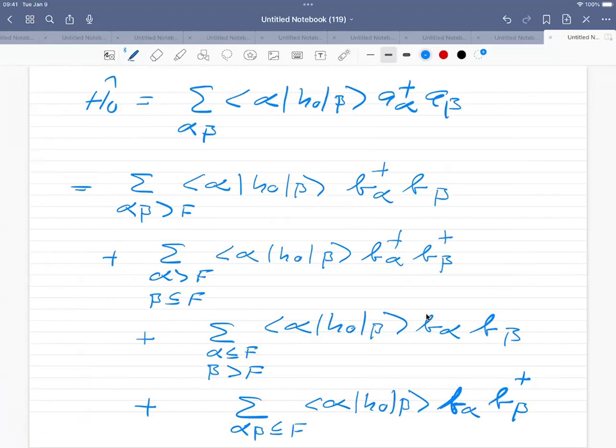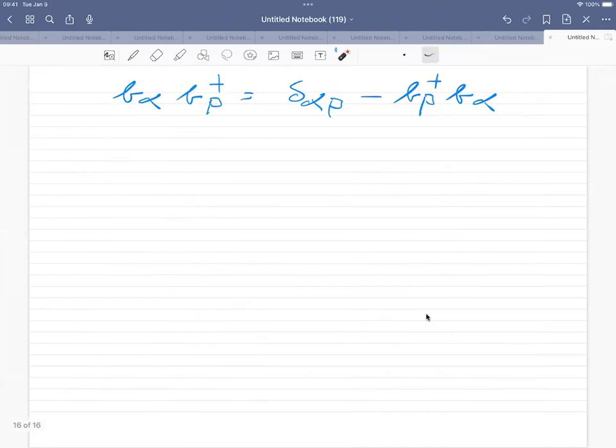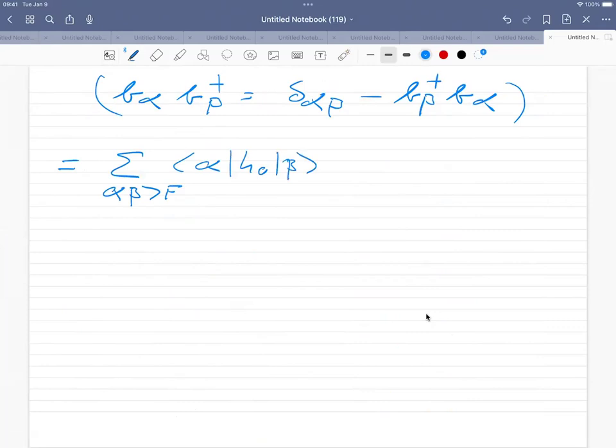So we can rewrite this term here in a simpler way by interchanging the variables alpha and beta, because these are just dummy variables. So when I collect everything here, I can actually rewrite using this expression here. I get now the following expression. So I'm going to have a sum over alpha beta larger than F, where I have my alpha H0 of beta, and then B alpha, B beta, like that.